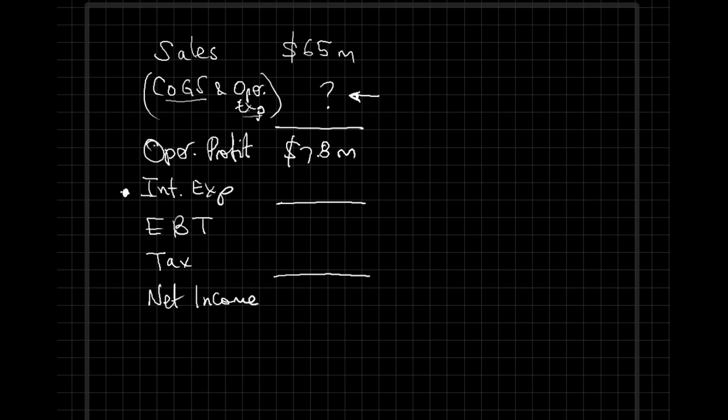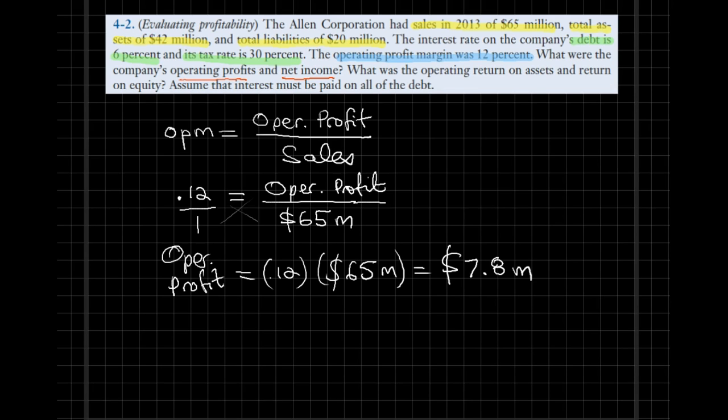Let me go back to the problem. According to our problem, the interest rate on the debt is 6%. What is our total debt? Total debt is our total liabilities of $20 million. Using this fact, let me do it underneath here.